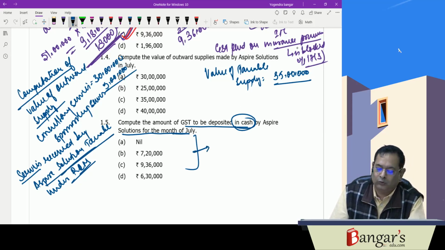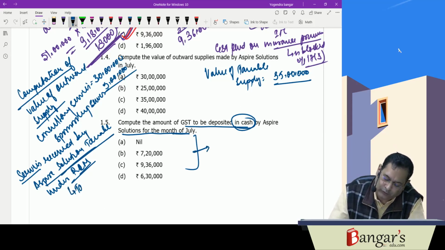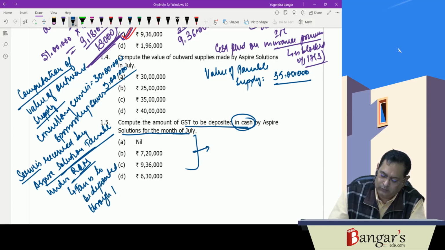Okay. So this tax is to be deposited through what? Tax is to be deposited through the electronic cash ledger.